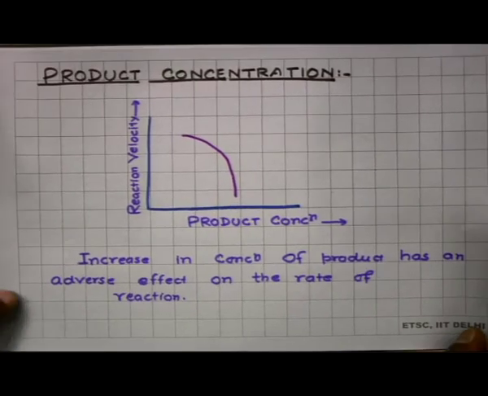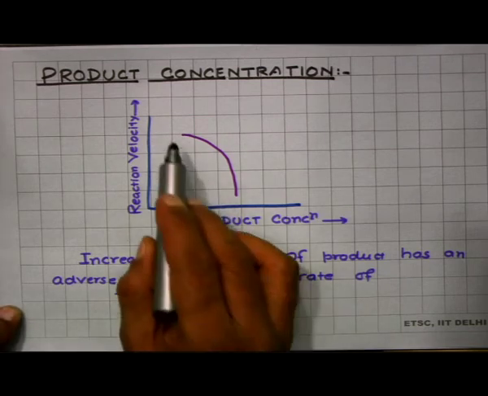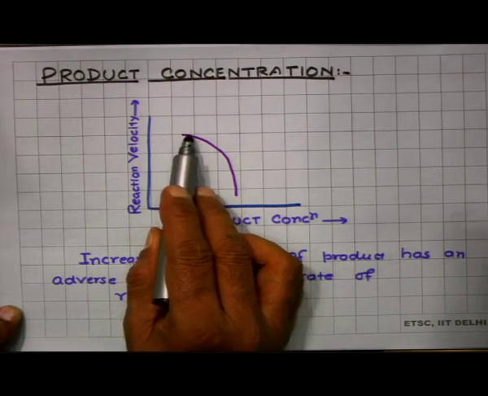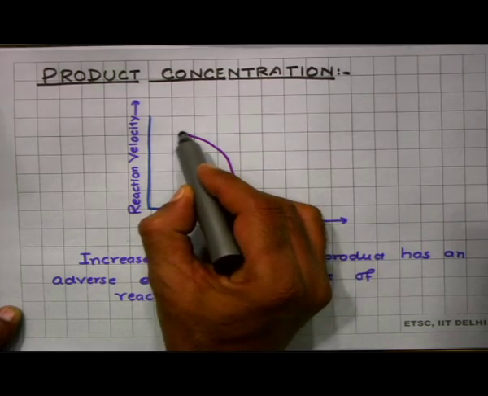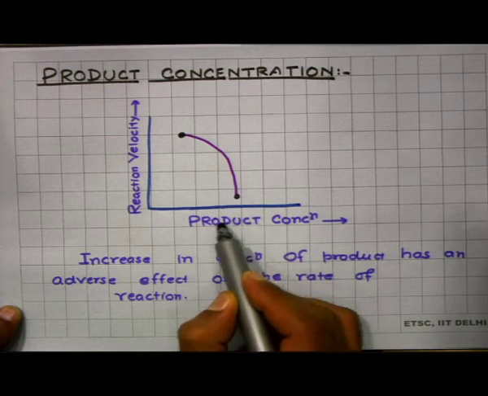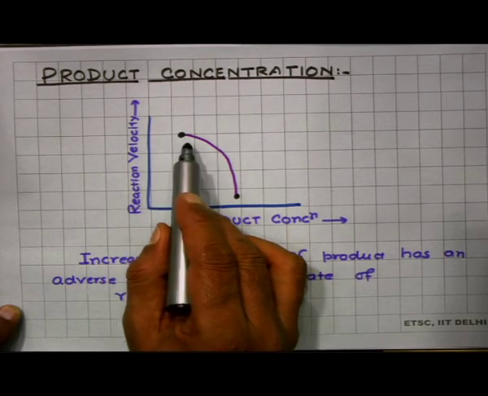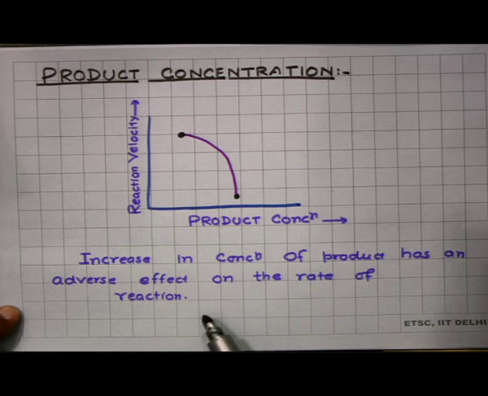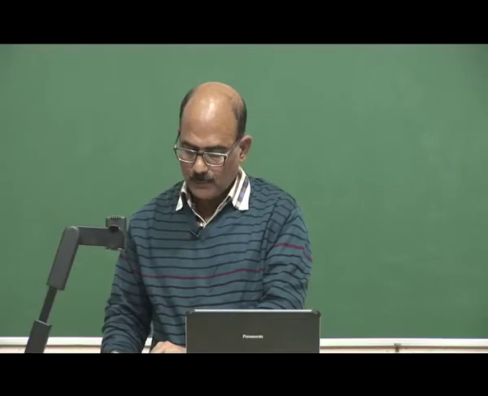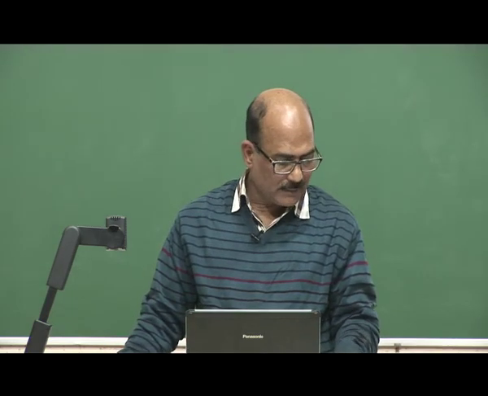You can see with the help of this graph, when the product is directly added, the rate of reaction declines from the maximum to a lower one, because enzyme combined with the substrate forms the enzyme substrate complex and the product. So, increasing the concentration of product has an adverse effect on the rate of enzymatic reaction. So, the product concentration also affects the enzyme activity.